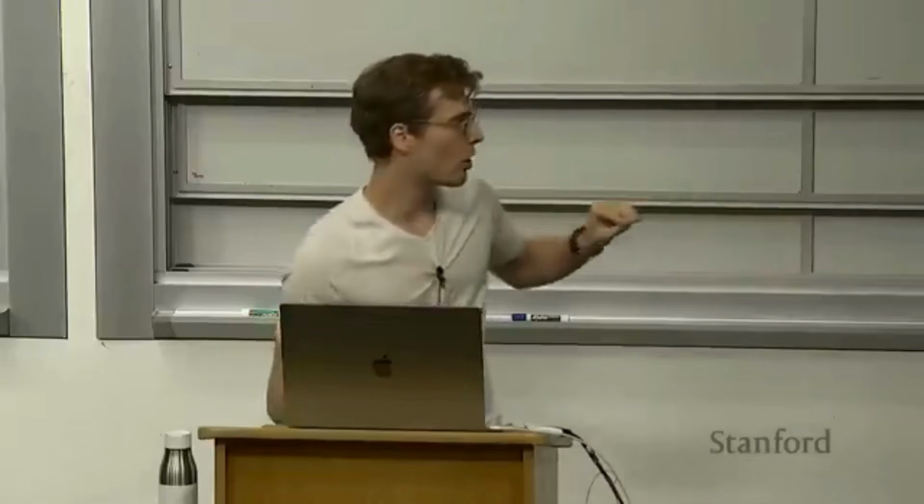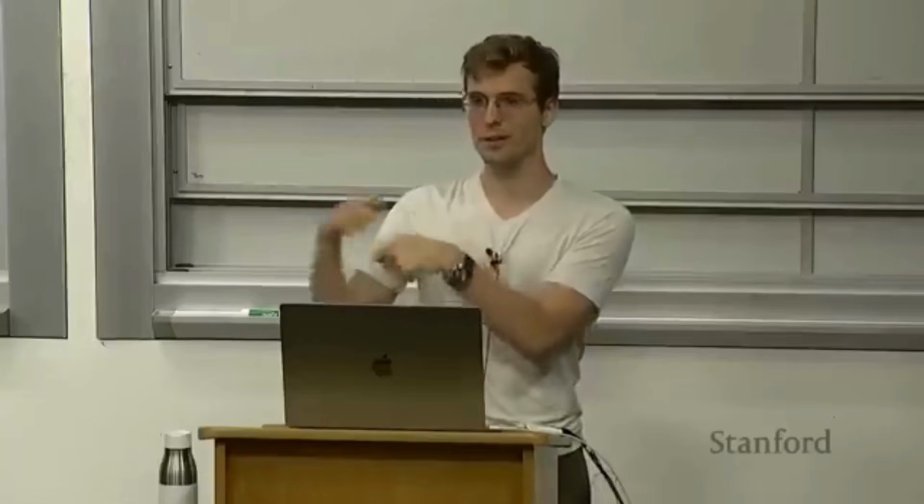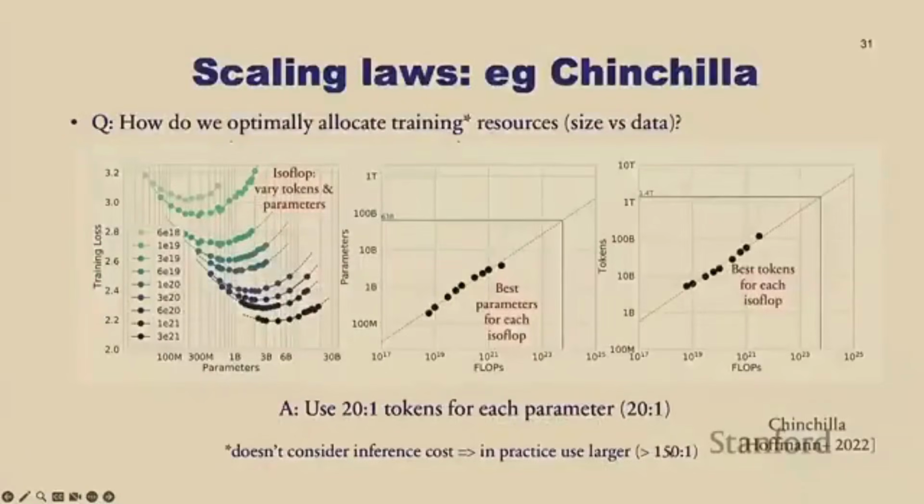So actually, if you consider the inference cost, other papers try to show that it's around 150 tokens per parameter, because you prefer having a smaller model, since over time you're going to spend less money on inference of these models. So 150 to 1 is around what the best models are trained on right now, at least the ones used in practice in production.